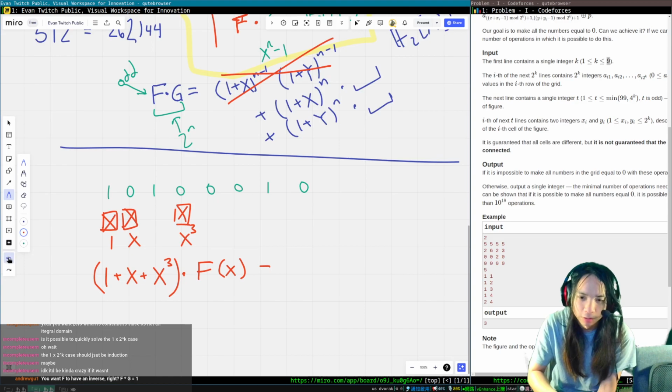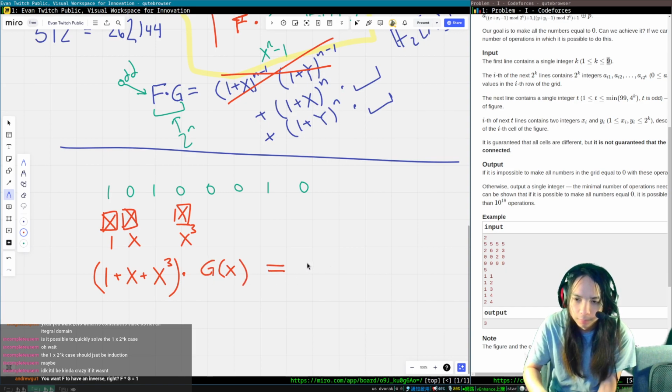I'm going to be consistent and use capital G. Or I guess in this case it's 1 plus x squared plus x to the 6. Actually I should just do 1. Let's keep the symbol first. Okay, so I see why I'm being nudged towards the inverse, mod x to the 8.